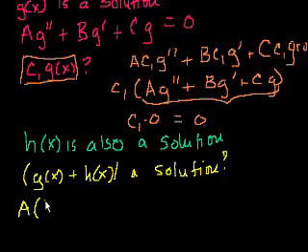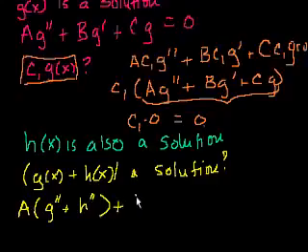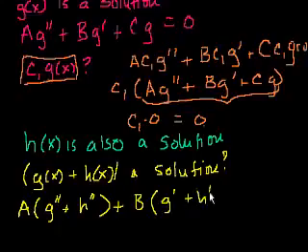Well, that's straightforward enough. That's just g prime prime plus h prime prime plus b times the first derivative of this thing, g prime plus h prime plus c times this function, g plus h.